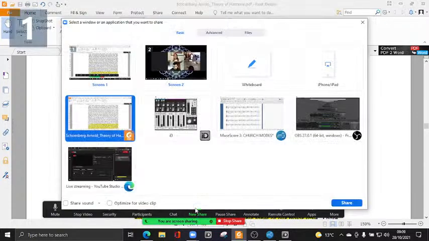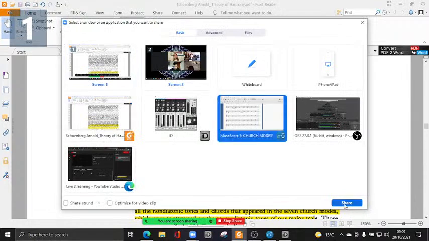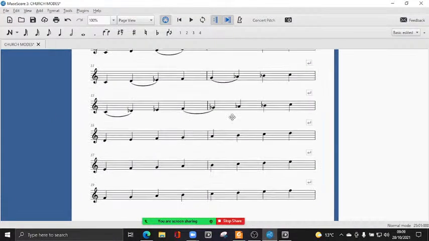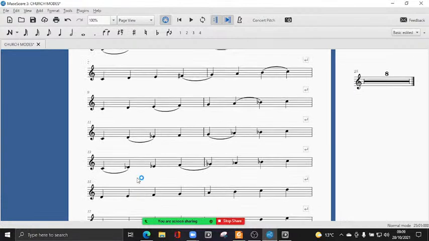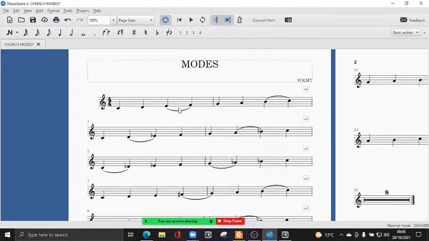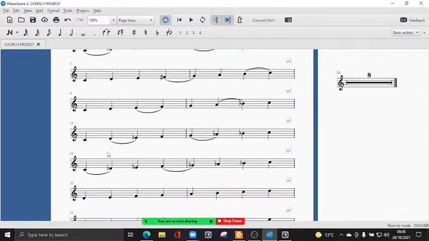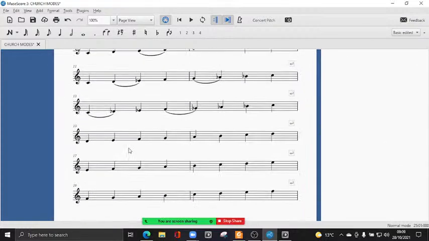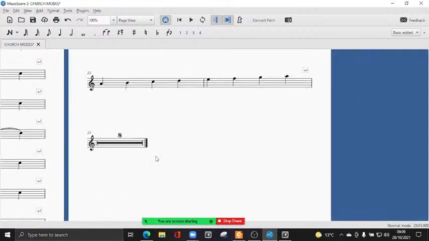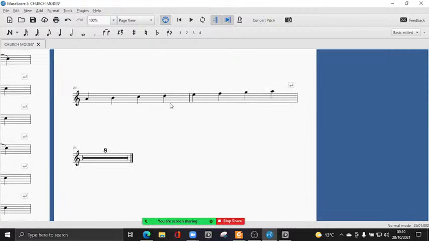Let me see if I can give another shot. Okay. So he says that, remember this, the modes. If we apply the same thing, let's start with the Aeolian, which is the one that we know.